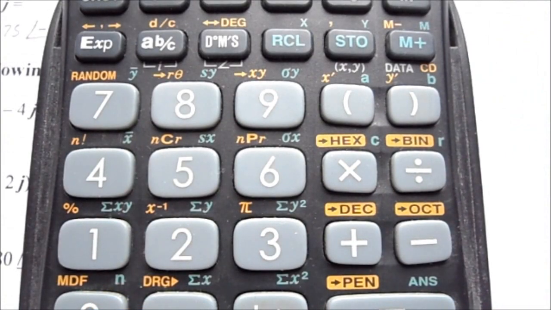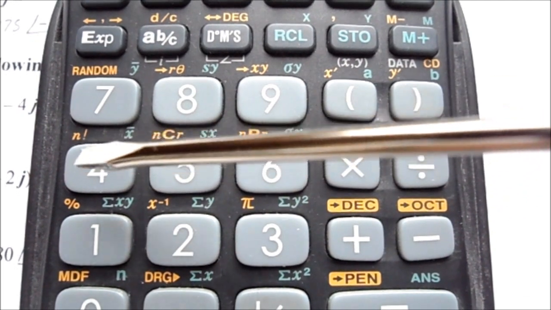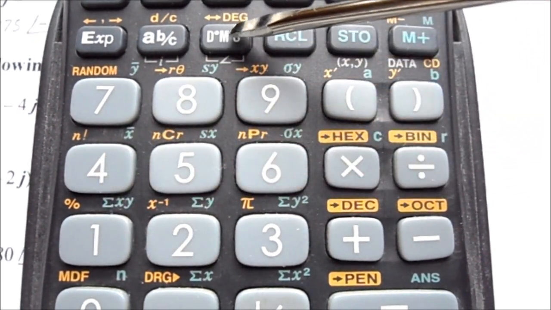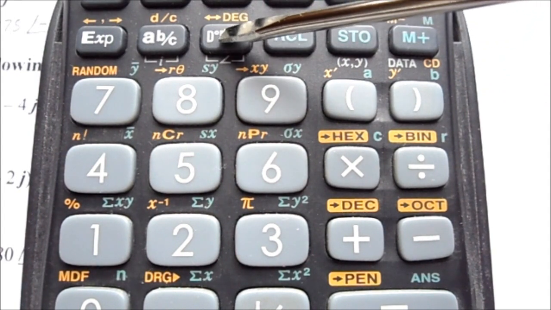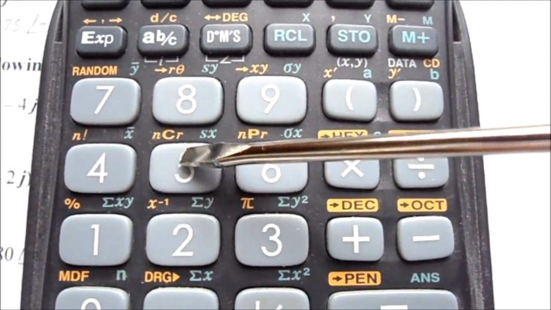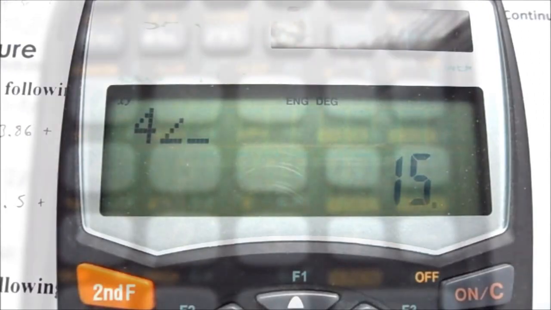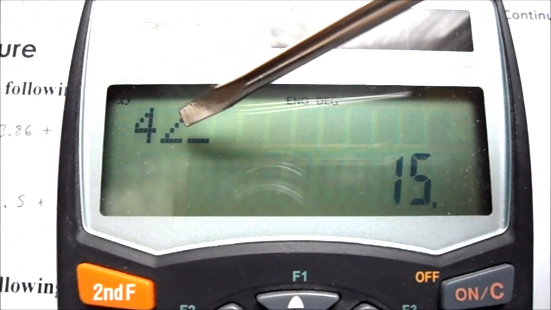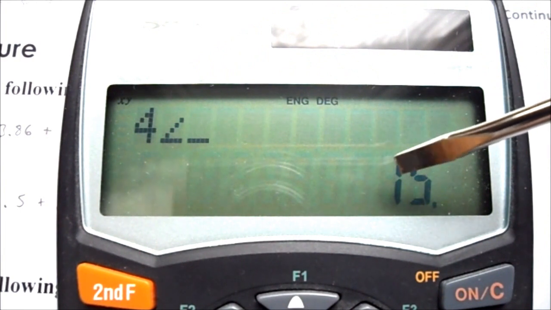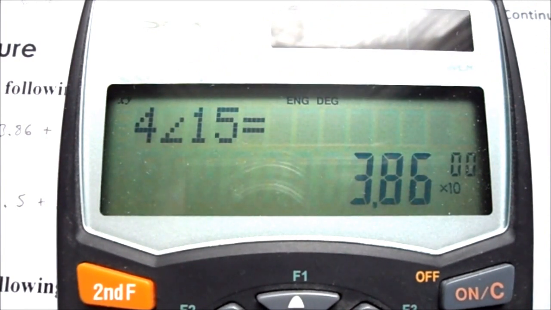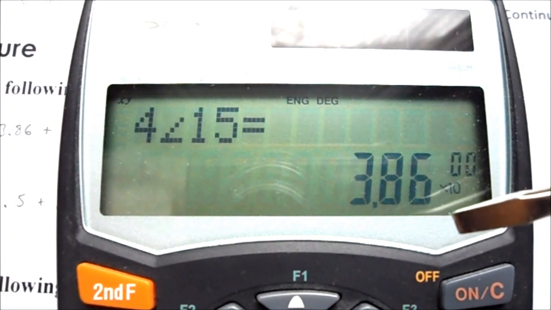So under Procedure, Step 1, I can just type in 4, and the DMS key is how I put the angle in, so I press the DMS key, and then I press 1, 5. So on my calculator screen, you can see it's put in 4, angle, 1, 5. When I press the equal key, it gives me an answer of 3.86.